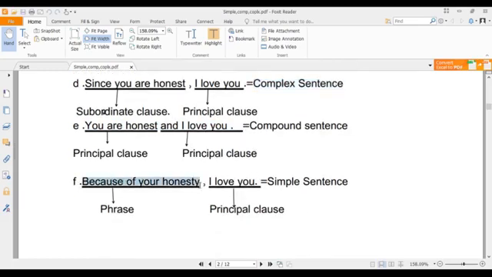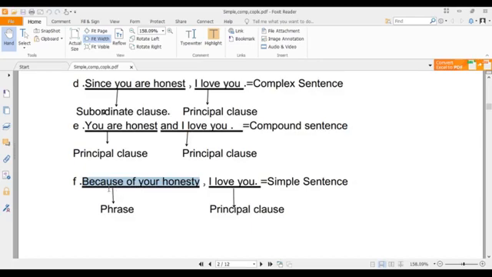Because of your honesty, I love you. "I love you" is a principal clause, but the beginning part, "because of your honesty", is a phrase. Because of your honesty does not contain any subject or any finite verb.